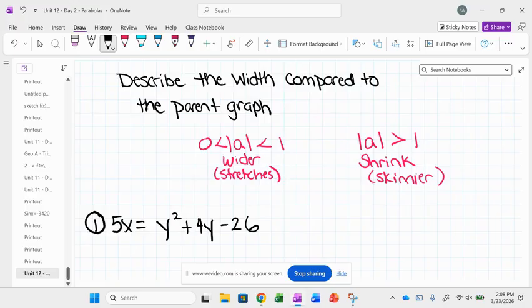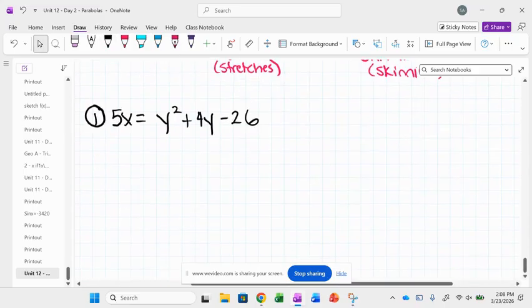Eventually, we're going to have to divide by 5. But because the y squared plus 4y minus 26 is sort of a hot mess on its own right now, we're going to ignore that 5x right now. We don't want to divide yet because you're going to add a whole bunch of fractions to complete the square with. So we actually want to complete the square first and then divide by 5, so we're not dealing with fractions.